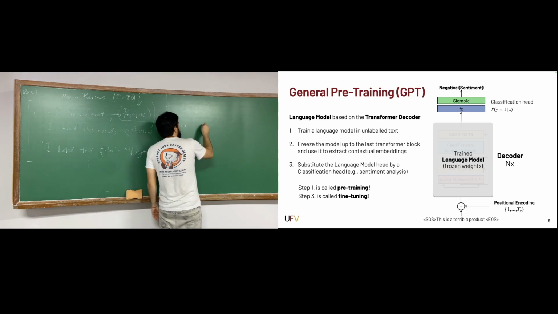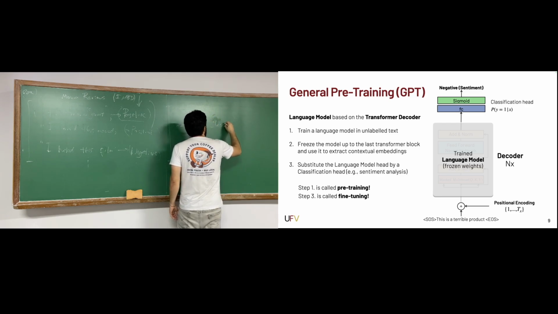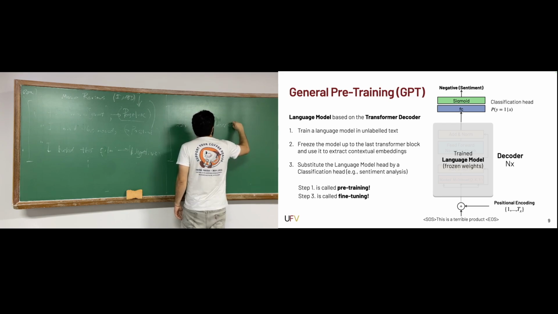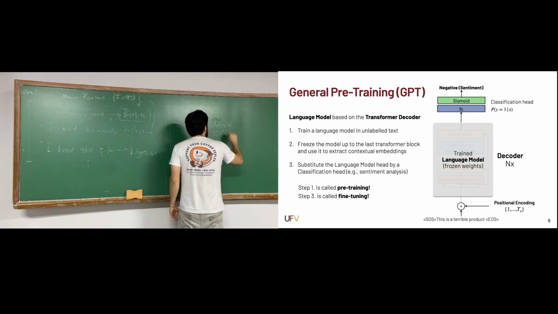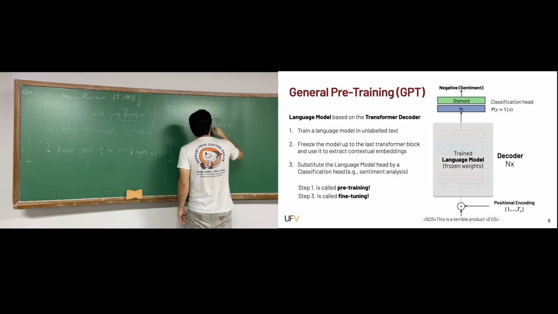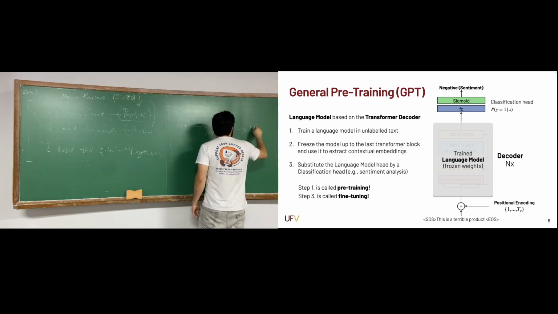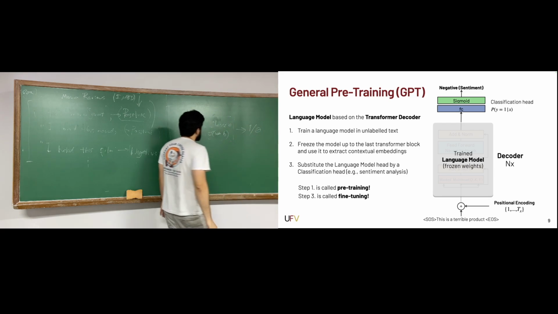You could train a sentiment analysis classifier. It's a binary classifier, maybe just a very simple logistic regression, sigma of W X, to predict either 1 or 0, positive or negative.